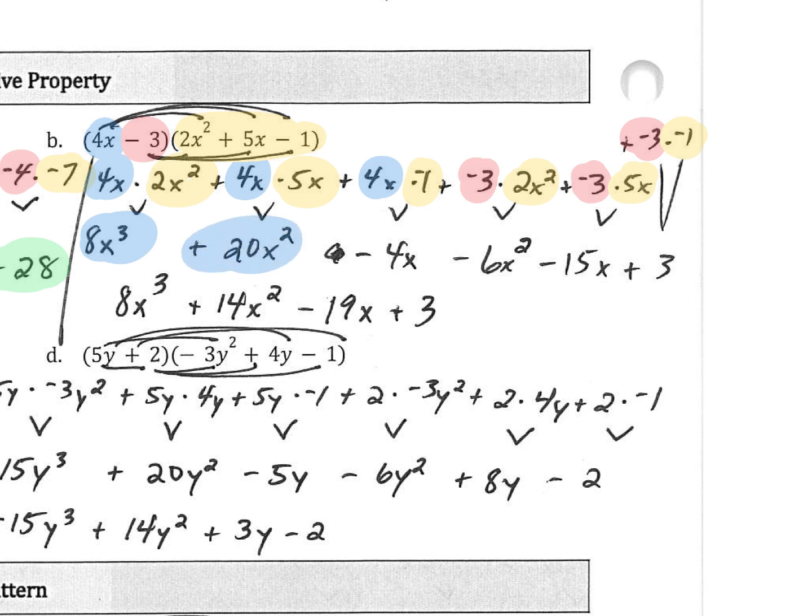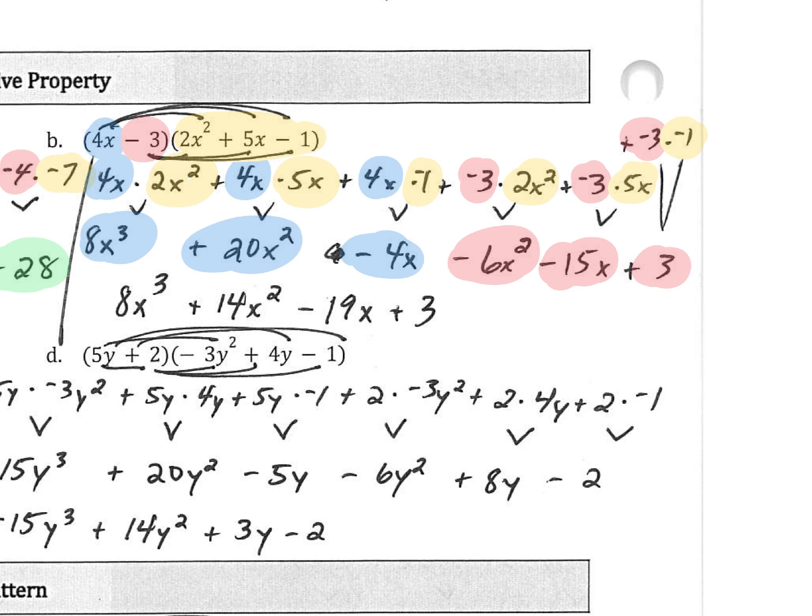Then we get 20x squared and negative 4x. When we multiply negative 3 times 2x squared, we get negative 6x squared. Multiply the bigs, add the exponents. Negative 3 times 5x, and negative 3 times negative 1.